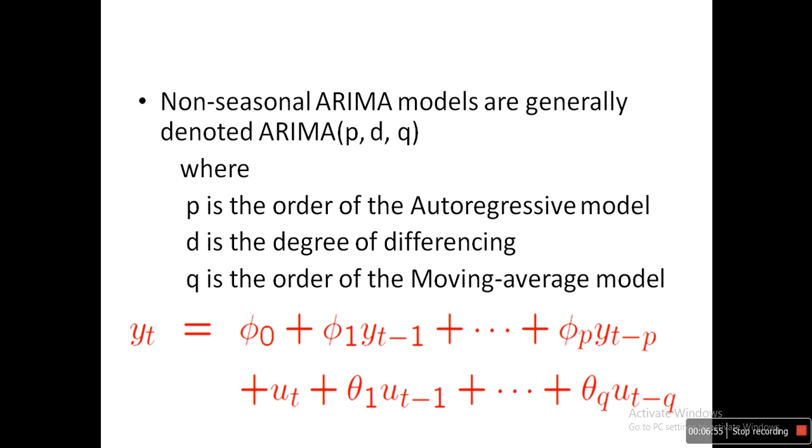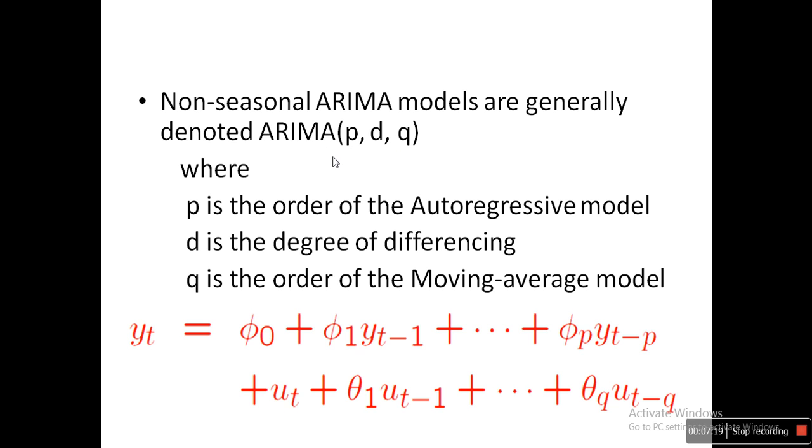Next, the seasonal ARIMA means the trend repeats in every period of time. ARIMA can be represented with ARIMA of p, d, q.